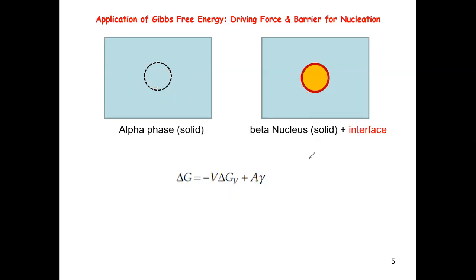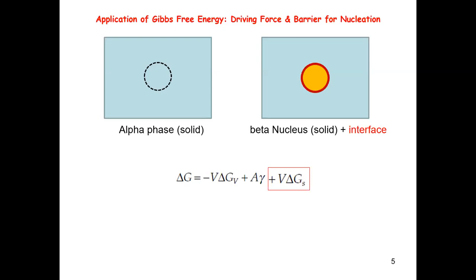Based on this general consideration, besides these two energetic terms, we also have to consider another contribution of energy. This energy is the strain energy, which I denote with S, or stress energy if you want to call it that, but typically we use strain. Strain energy is due to the mismatch of the volume when you form the solid nucleus, because you're inserting this new solid into another solid alpha field, so the strain cannot be relaxed naturally.